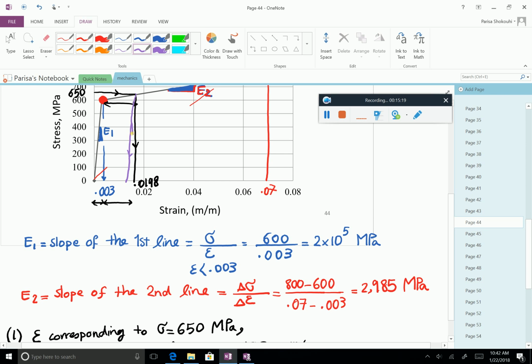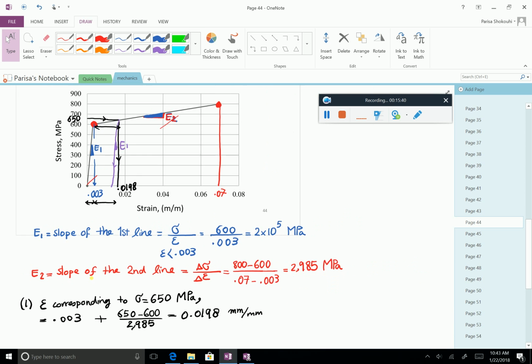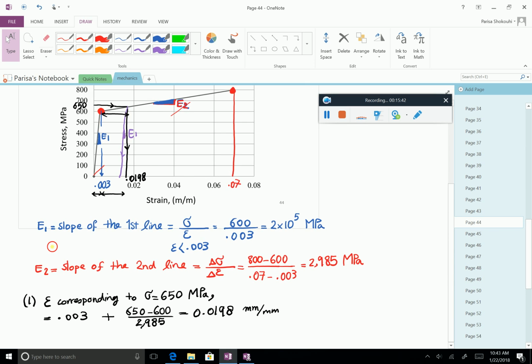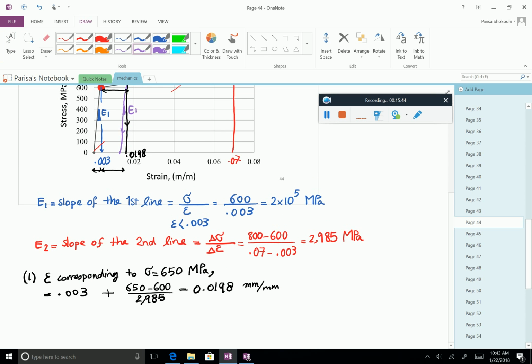And the unloading curve will go parallel to the elastic beginning. And this can be explained microscopically very easily.